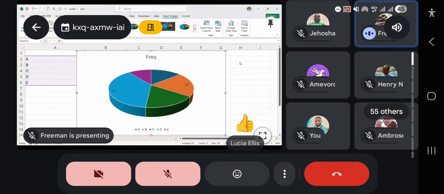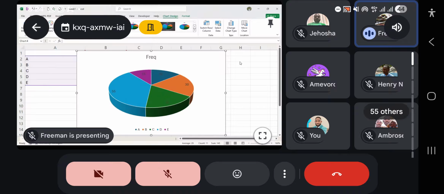So maybe you have malaria cases, hypertension, typhoid, the various diseases, and you have data on all of them. You want to see which one is highest, which one is lowest. Maybe you are considering resource allocation. I'm repeating it again, you're considering resource allocation.